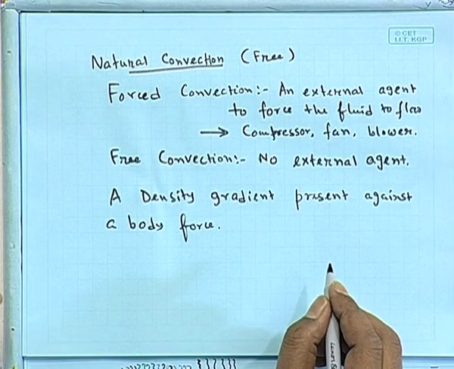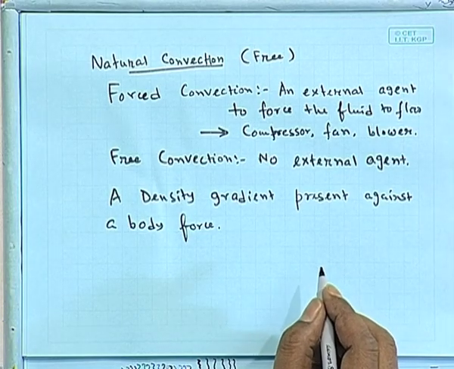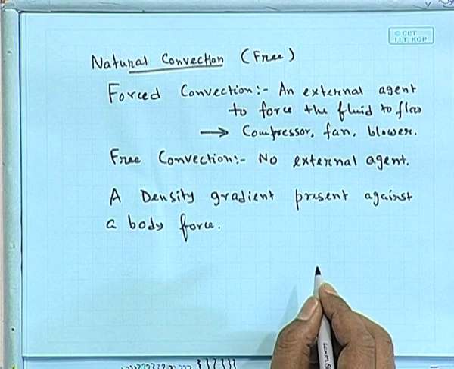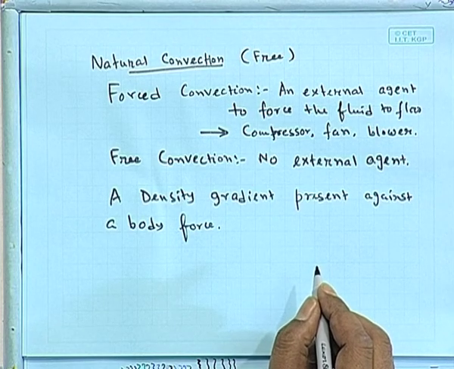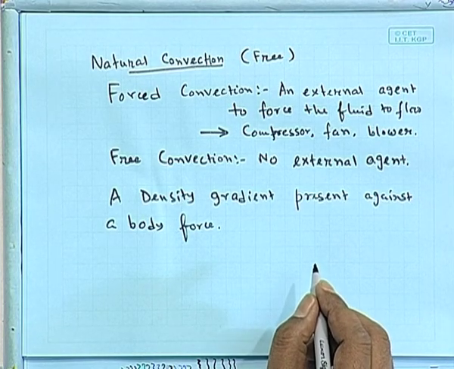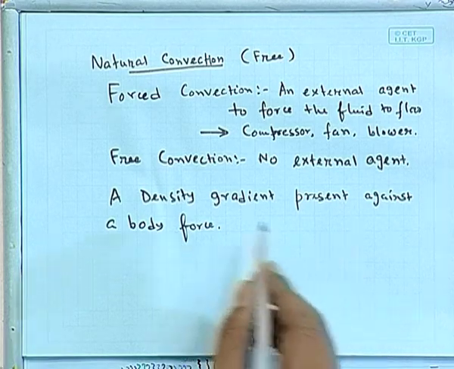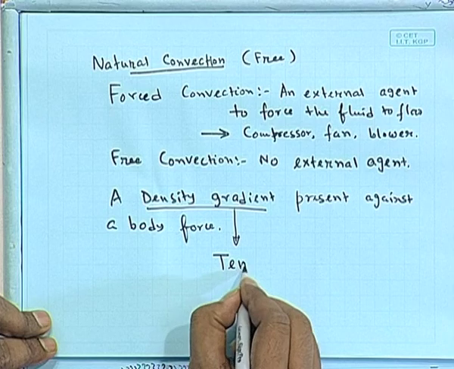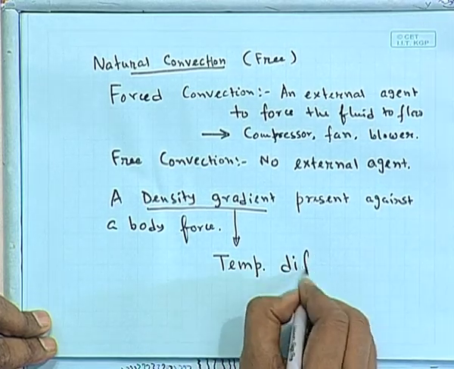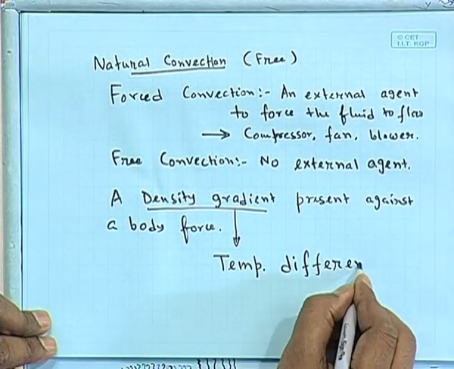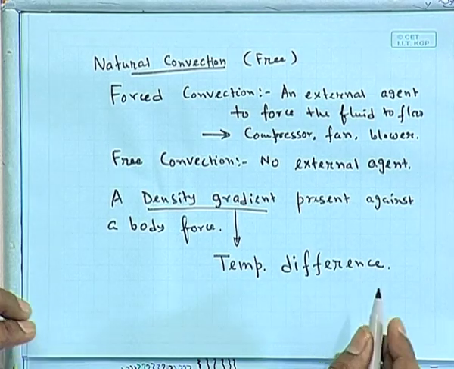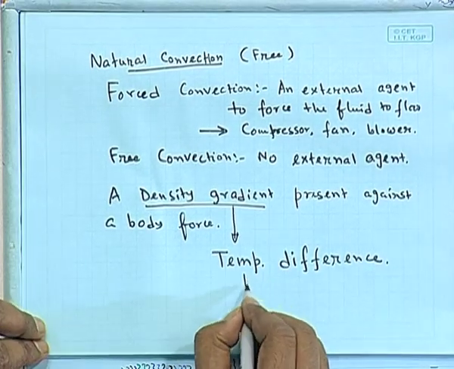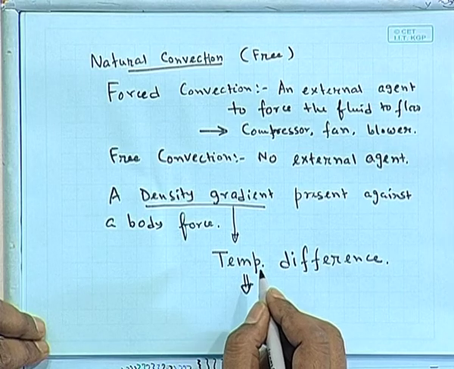But again, there will be certain conditions when, even if there is a density gradient present with a body force, you may not have free convection. This density gradient is generated due to temperature difference, and the temperature difference and density gradient will give rise to a buoyant force.